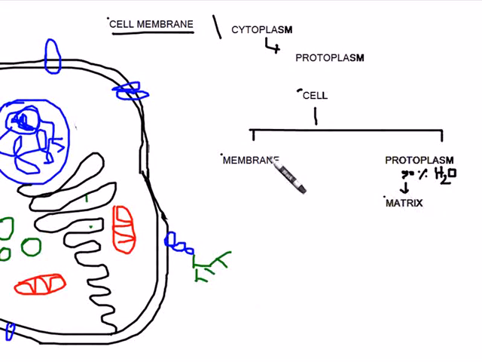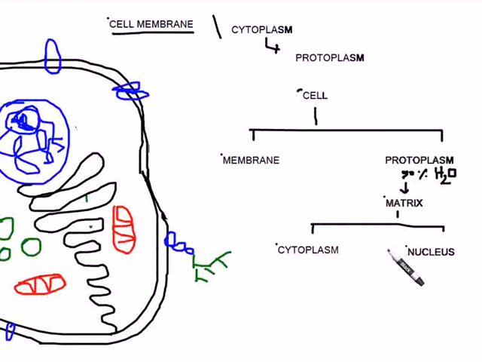Okay, so here we can divide this protoplasm into two different parts. One will be cytoplasm, another will be nucleus. So we have cytoplasm and nucleus, and if we add these two things, we end up with the protoplasm.